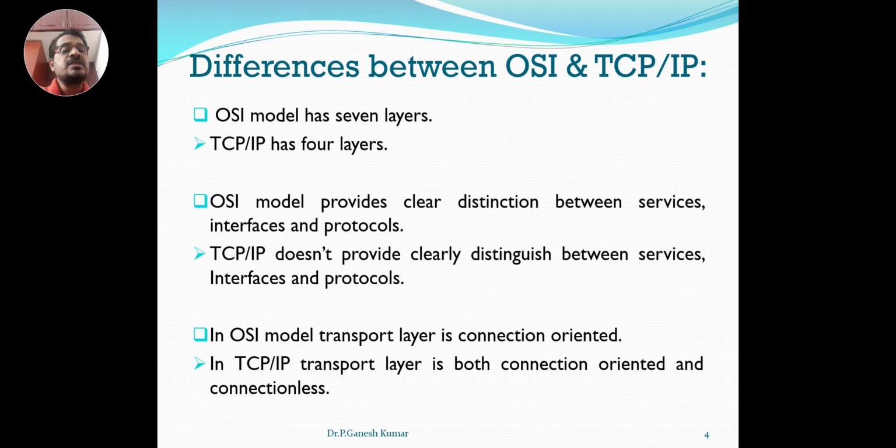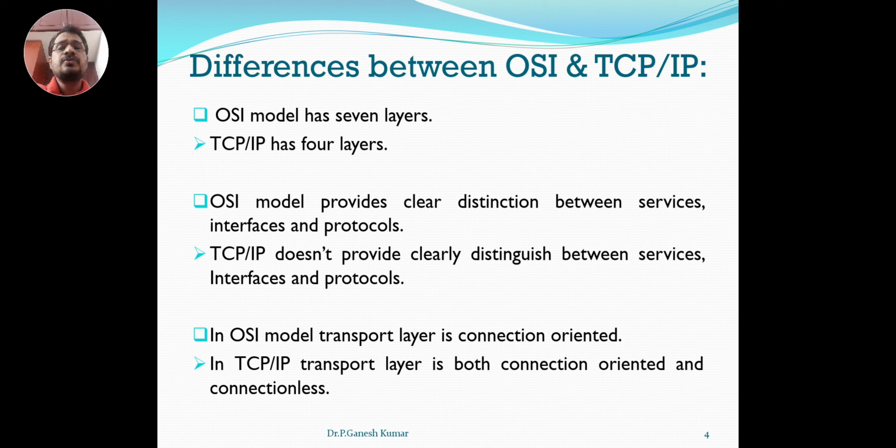In contrast, TCP/IP doesn't provide a clear distinction between services, interfaces and protocols. For example, TCP/IP supports both broadband connections as well as mobile data communication. That is the reason why the host to network layer has been defined, which combines both the physical and the data link layer functionality.